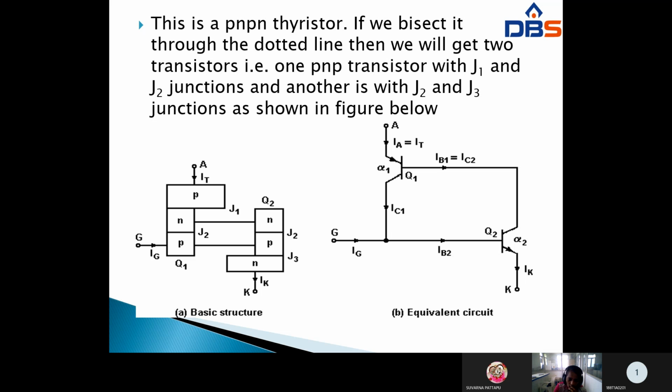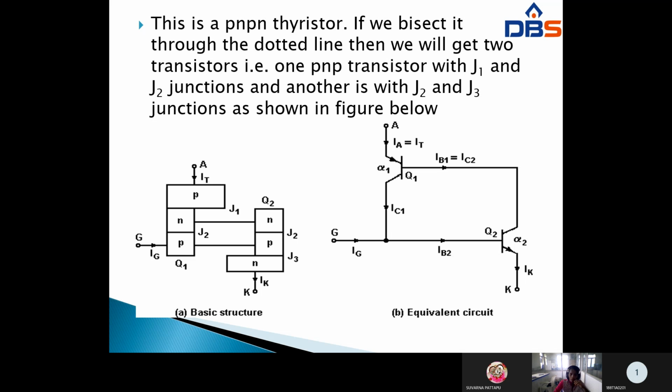Here we have anode, gate, and cathode. The two transistors are PNP and NPN. J1 and J2 are on one side and J2 and J3 on the other side. Okay, this is the equivalent circuit of the two transistor model.